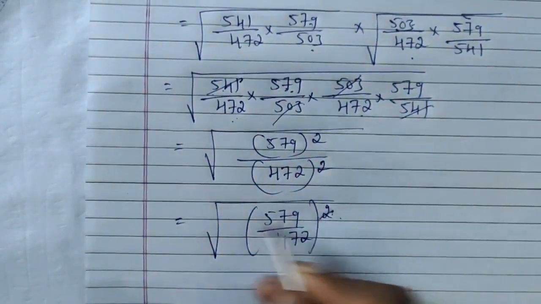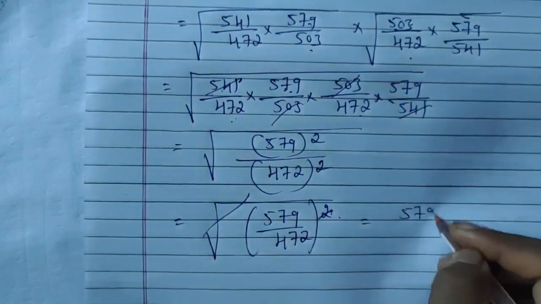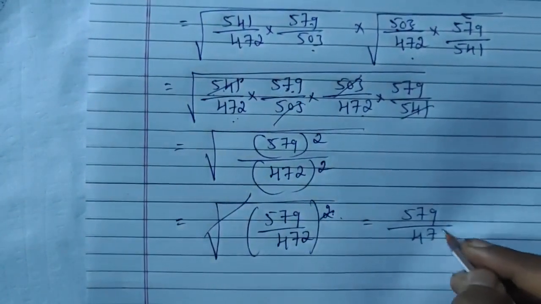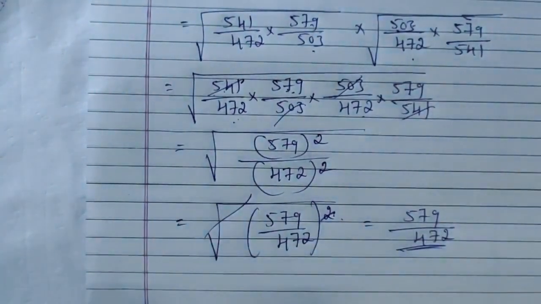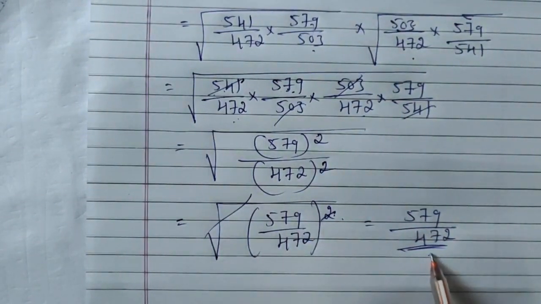Now this square and this square root cancel, and the remaining thing is 579 by 472, right? So this is P01 into Q01.